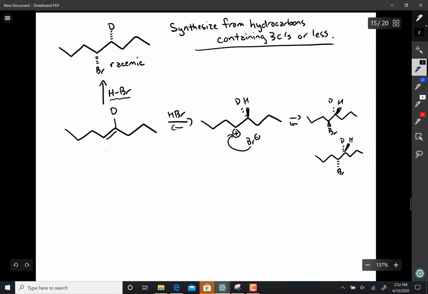Where you have the H and the Br adding on the same face and the H and the Br adding on opposite faces. Moreover, this is a Markovnikov addition, meaning you're going to protonate the less substituted side.